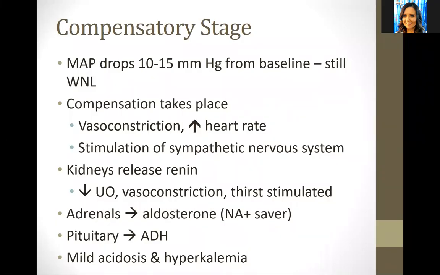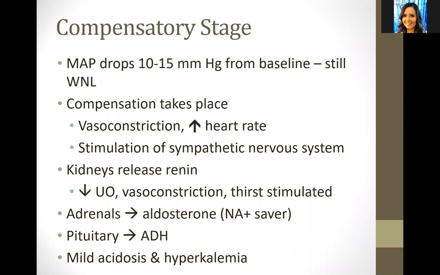The next stage is the compensatory stage. So it's what it says it is. This is the stage where the most compensation takes place, where you start to actually see signs and symptoms. So in this stage, our MAP will drop 10 to 15 millimeters of mercury from baseline, but it's still within normal limits. Blood pressure is still within normal limits.